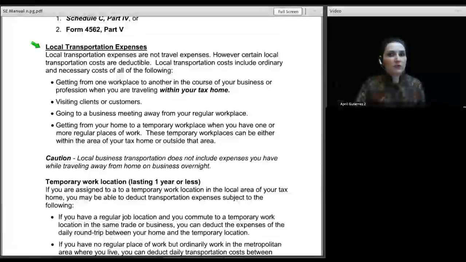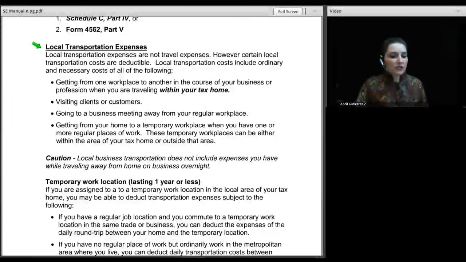In general, the rules for claiming the expense that we're talking about on Schedule C are the same as they are for an employee who's claiming employee business expenses, or for that matter, if you're filing a Schedule E and you were claiming auto expenses related to your rental activities. The rules for auto expense are virtually always the same.